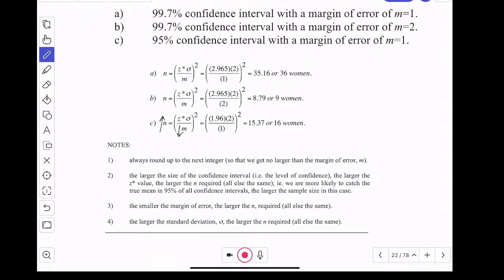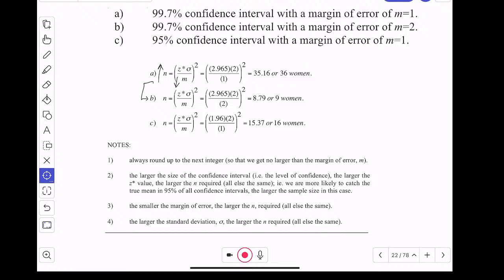It happens here. So I'm going to get a larger sample size here if the margin is smaller compared with this one. Obviously, the larger the confidence level, the larger the n.